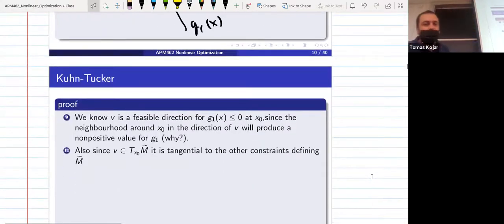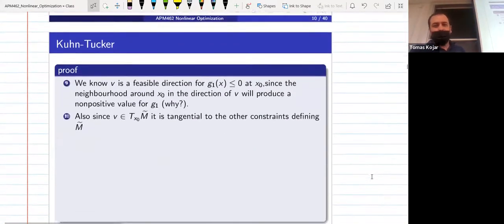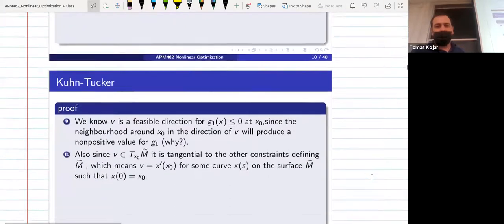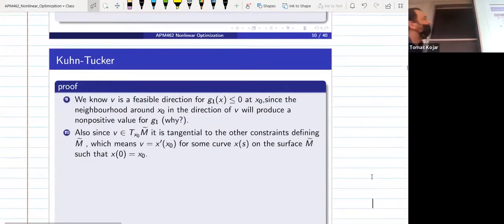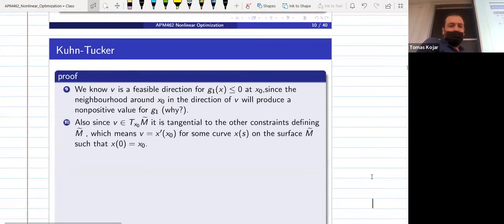I know this is a very long proof, or a very important theorem, so I'm sorry, we have to do it. You will see KKT, Karush-Kuhn-Tucker, shows up all over the place. So, okay, let's do it carefully. Again, we have a definition for the tangent space.